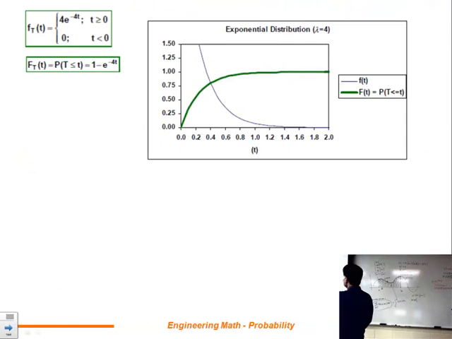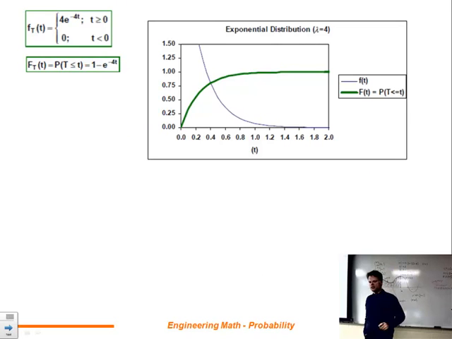Here it is. So the green line is the cumulative function. That's 1 minus e to the minus lambda t as a function of t. And the blue line is the probability density, which is not so important. But more important to look at the cumulative distribution.